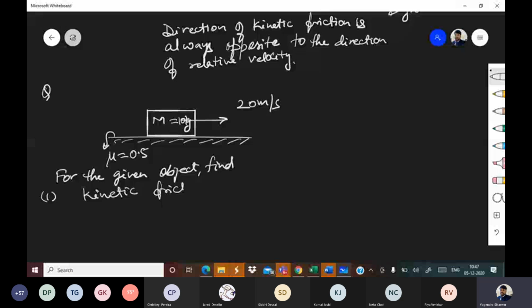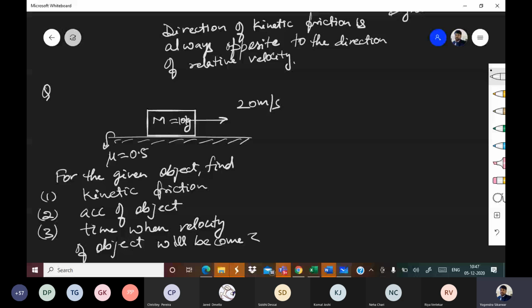Number two, acceleration of the object. Number three, the time when the velocity of the object will become zero. Please find.